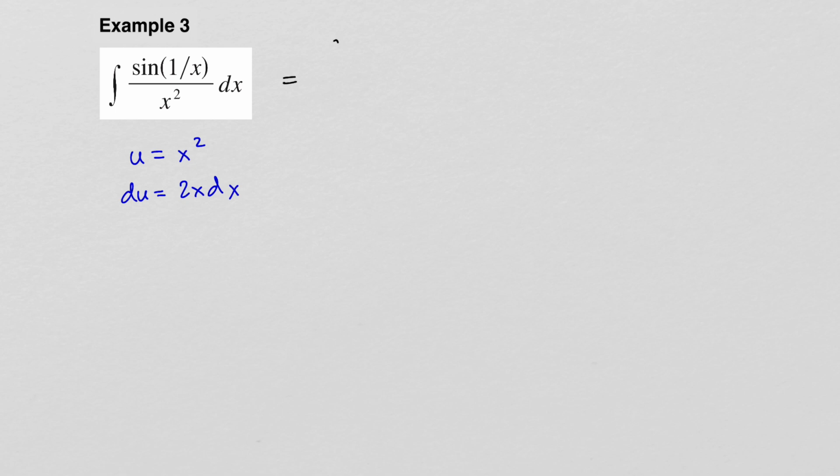If I rewrite my integral, what we have here is the sine of 1 over x dx over x squared. And there's nothing here that helps us, right? The u is down here. And then what about 1 over x? What is that? So this is not the correct substitution.